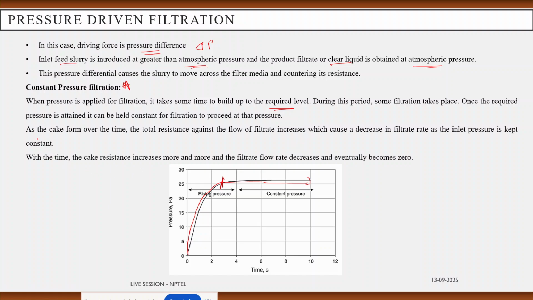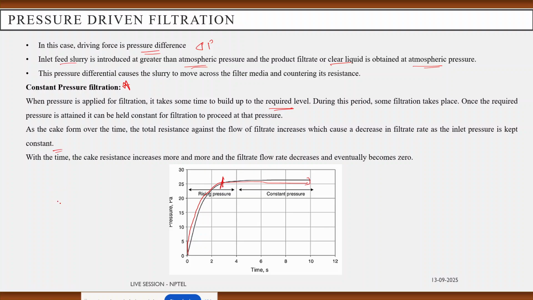As the process goes on, the cake forms over time, and the total resistance offered by the layer of cake against the flow of the filtrate increases, which causes a decrease in the filtrate flow rate as the inlet pressure is kept constant.